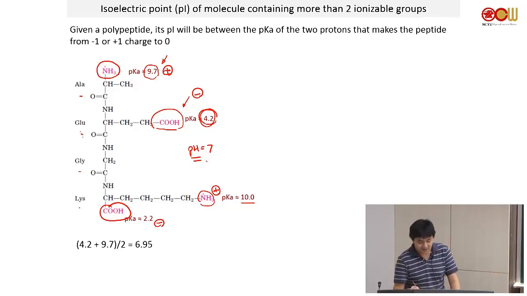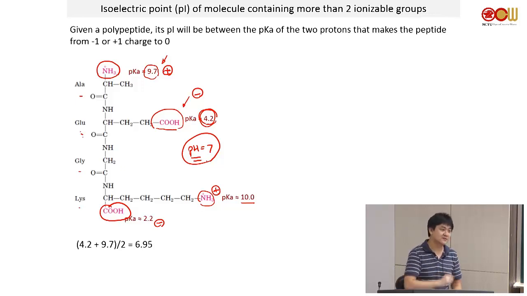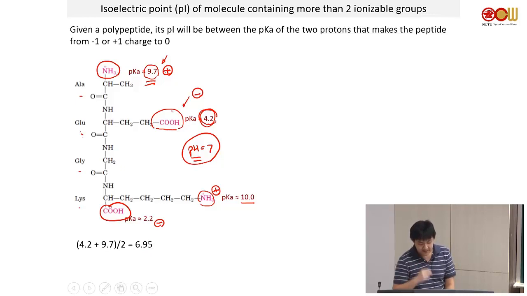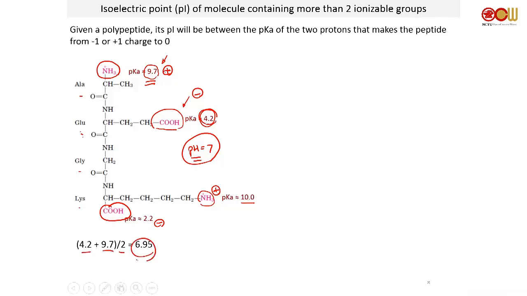So let's say I started at pH 7. The group that has a pKa right above 7 is which one? You have 4 choices. It's the 9.7, right? Right below, it's the 4.2. That's why the pI for this particular peptide is going to be 4.2 plus 9.7 divided by 2, which gives you about 6.9.